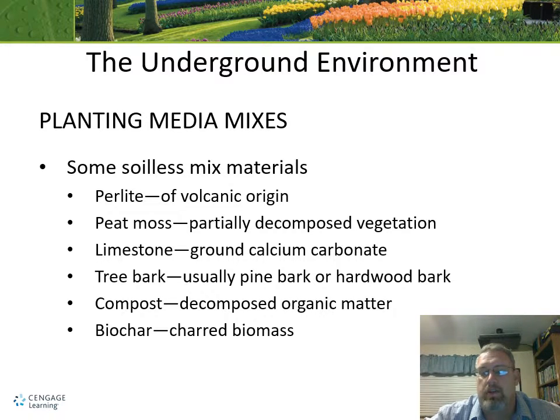Tree bark, this is going to be to hold on to moisture, so when you water a soil, it allows that water to be held in the soil and doesn't allow the sun to evaporate water out of the soil. It holds a layer over the top of the soil to allow that water not to be evaporated away. Compost, as I've talked about, this is a variety of things. It can be any kind of organic material that you're decomposing.